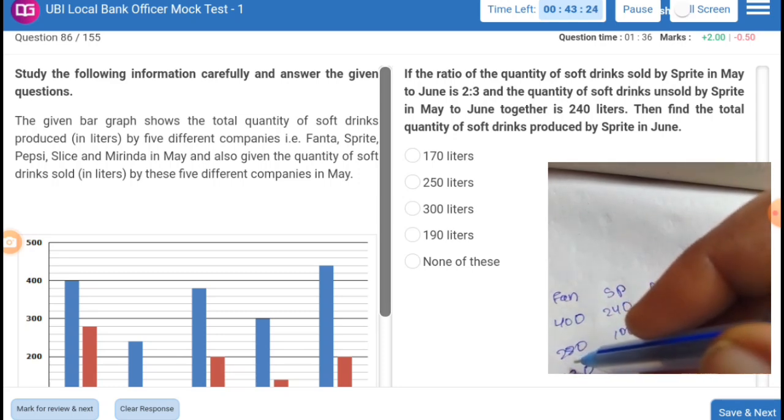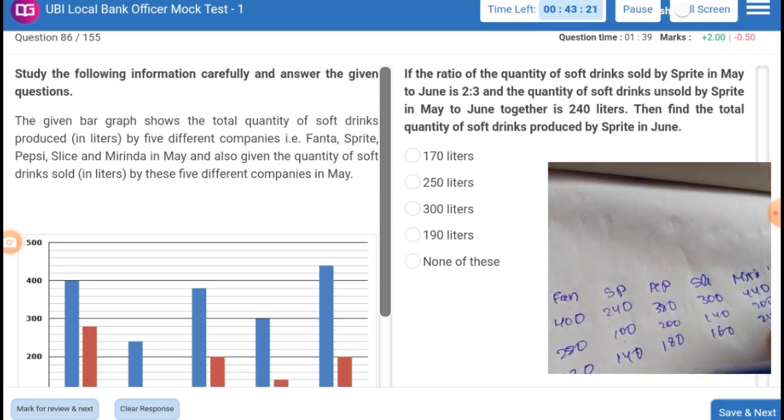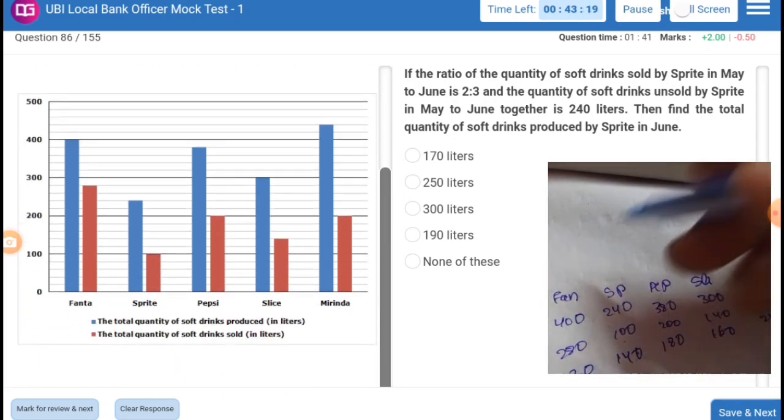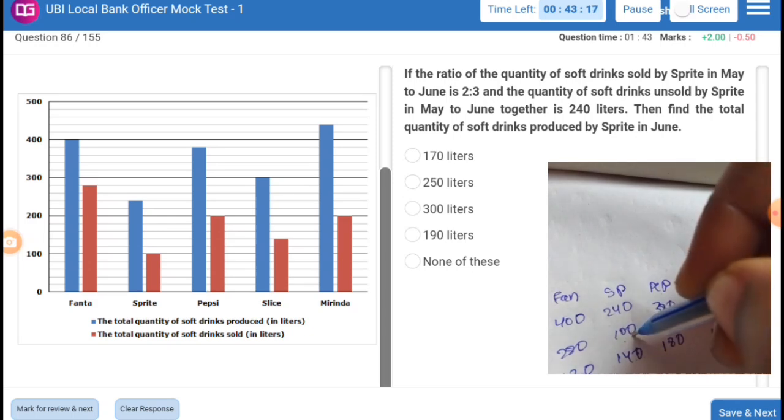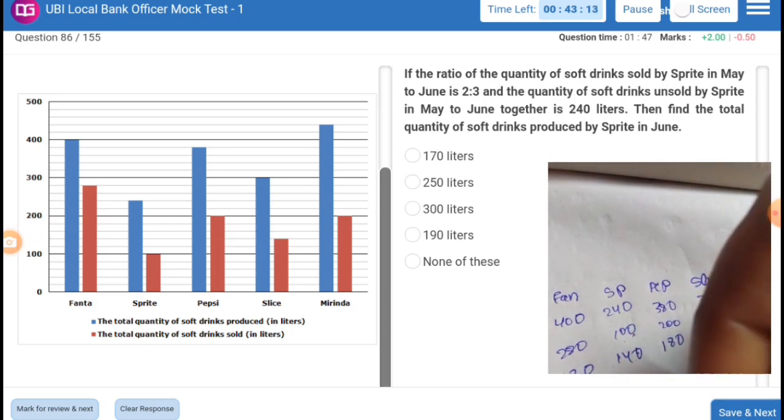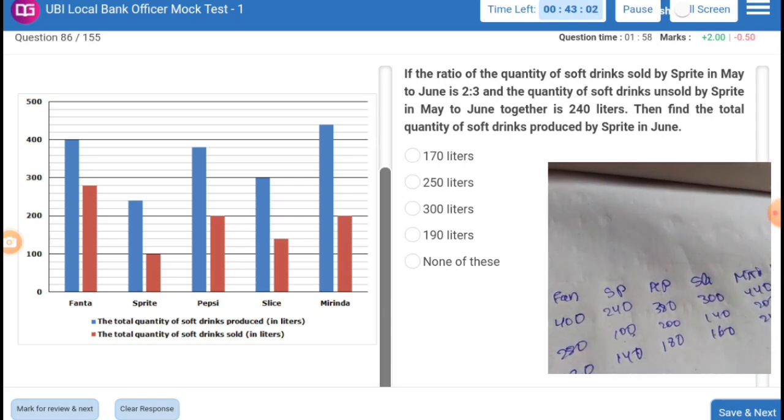Soft drinks sold, Sprite in May and June. So 290.